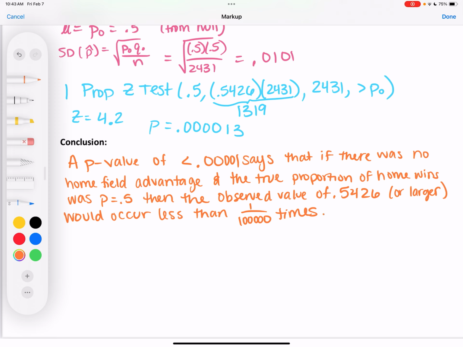So specifically the part that we're really looking for here, so I'm going to write this on a new line. This would be the key part that we need to say.